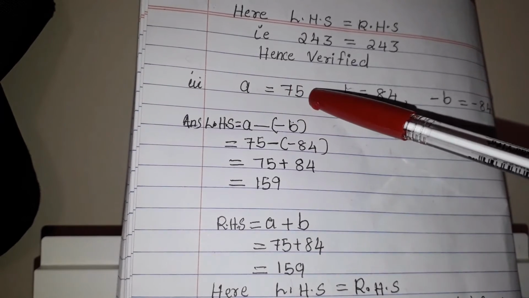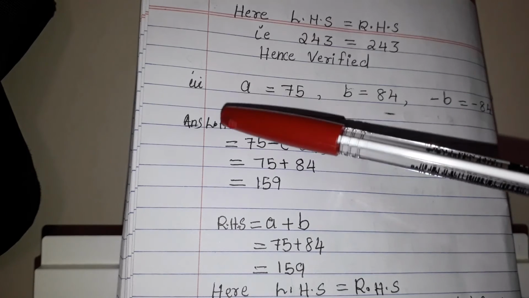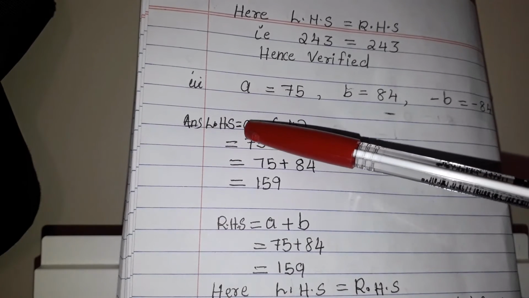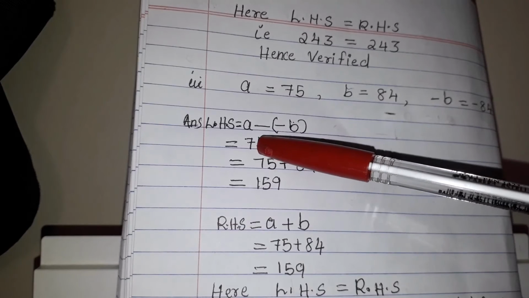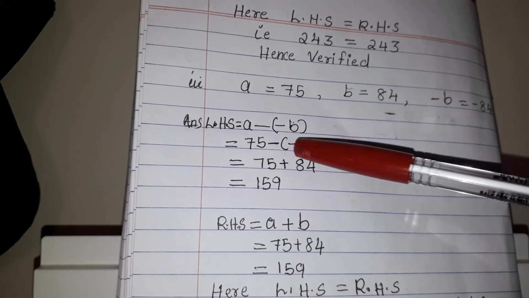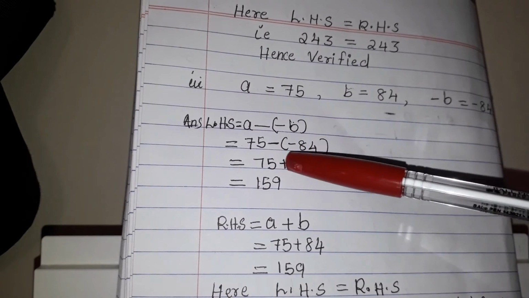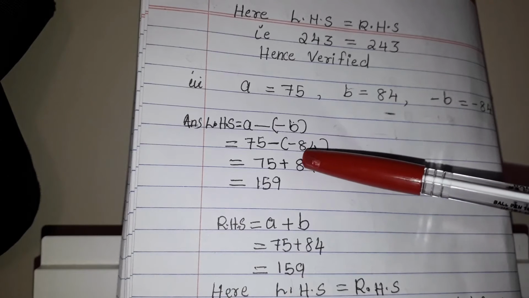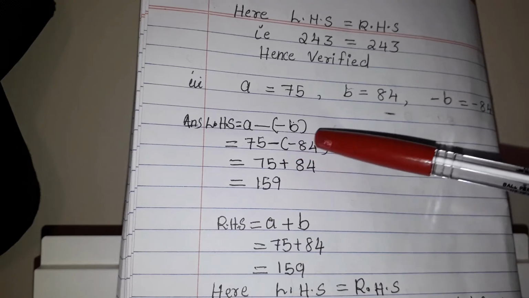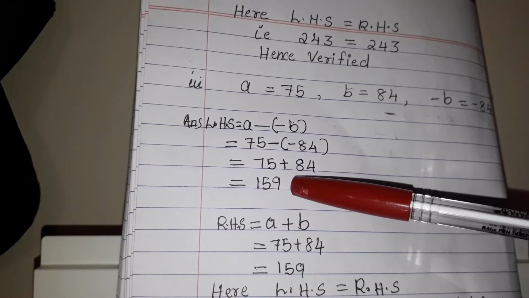Then third bit. A is equal to 75, B is equal to 84, minus B is equal to how much? Minus 84. Then LHS take. LHS is equal to A minus minus B. So 75 minus minus 84. So 75 plus additive inverse of minus 84, it is plus 84. So 75 plus 84. What is the answer? 159.